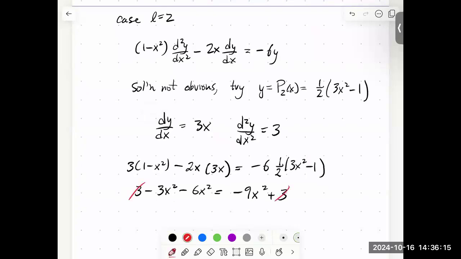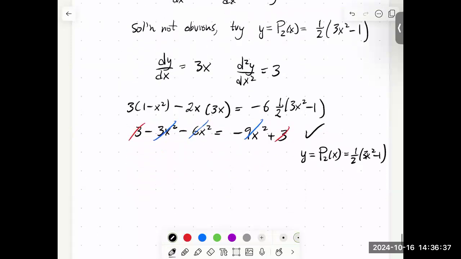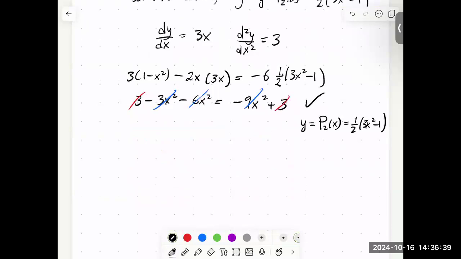So the 3's are going to cancel, and these will cancel. Okay, and so that's all right. The solution is y is P2 of x, which is this 1/2 of (3x squared minus 1). Anyways, at least for the ones that we've tried, we can verify that they are solutions to that differential equation.